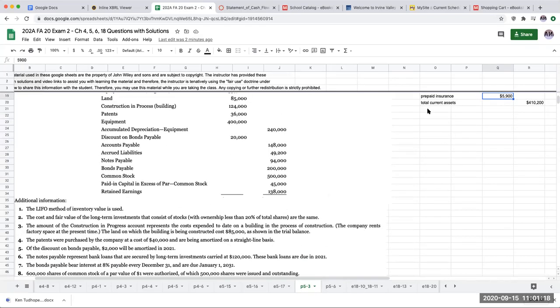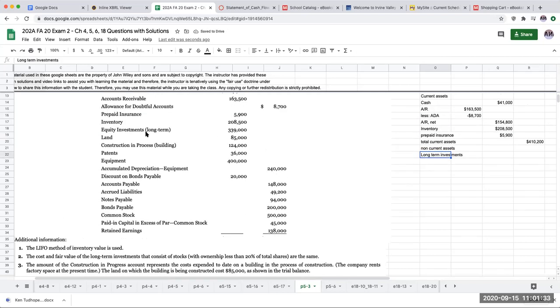So now let's look at our non-current assets. We'll start in going by liquidity. We'll have long-term investments. So with our long-term investments, we have equity investments that are long-term.